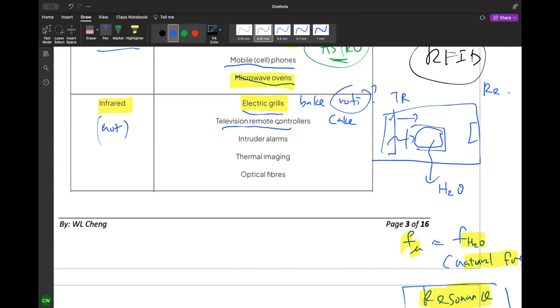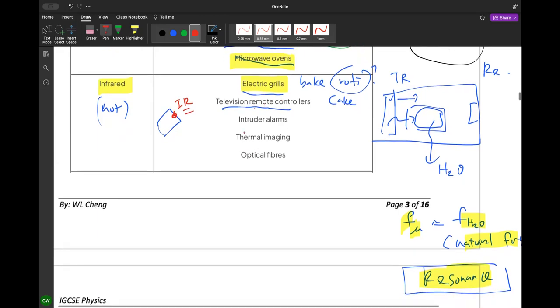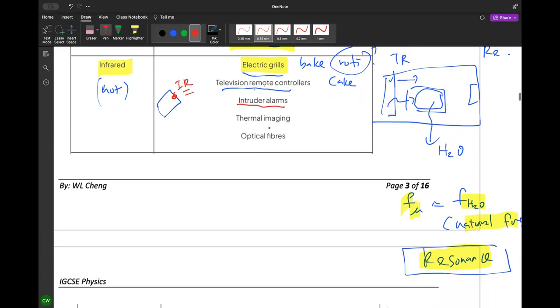Remote control. So on the remote control, we see there's a light, right? What is the color of the light? Looks like red color, right? Infrared. Okay, remote control. Alarm system.